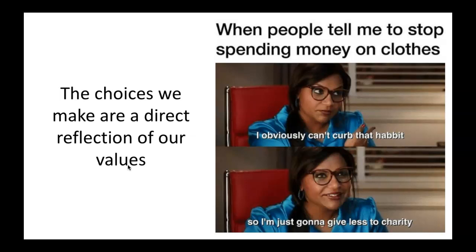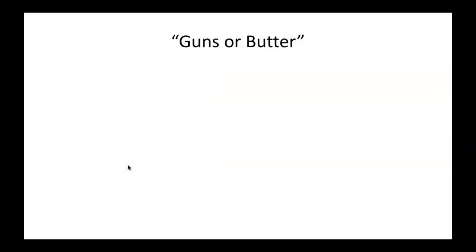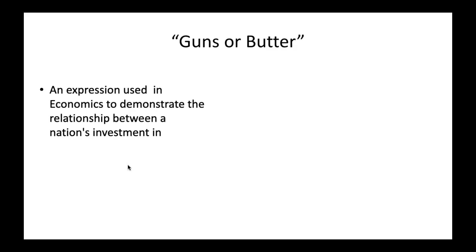So we take this concept of our choices reflecting our values even further when we look at this economic expression, guns or butter. You'll hear this a lot in political debate, etc. It's an expression that economists use to demonstrate the relationship in a nation's investment in military goods and services versus civilian goods and services.